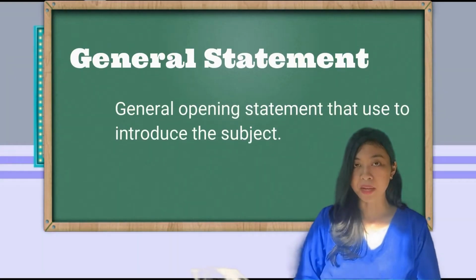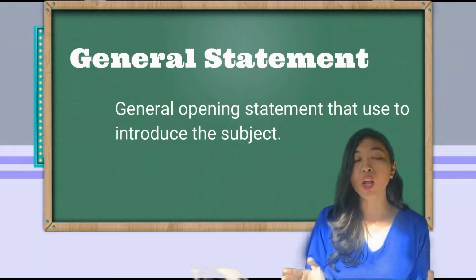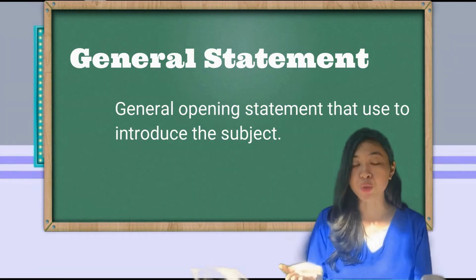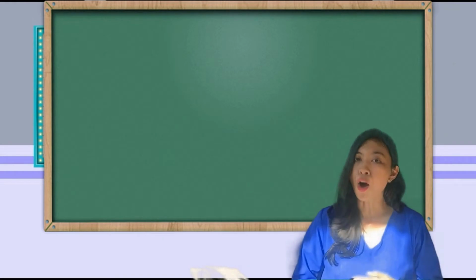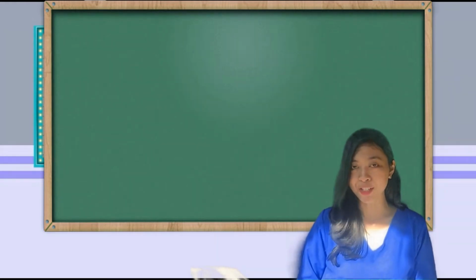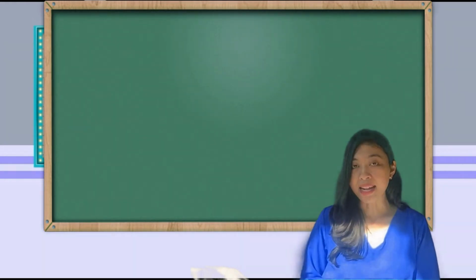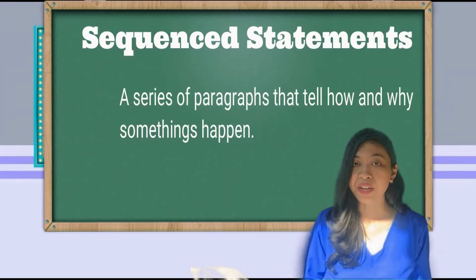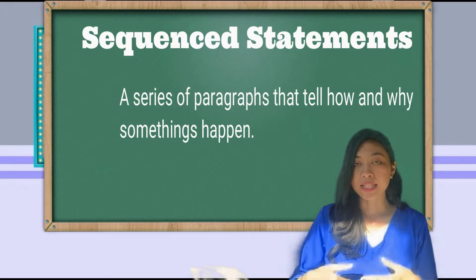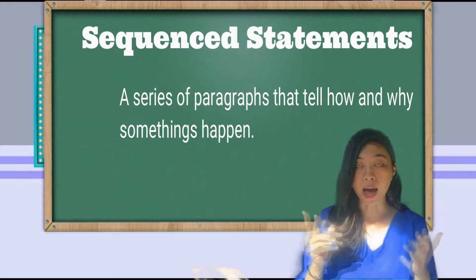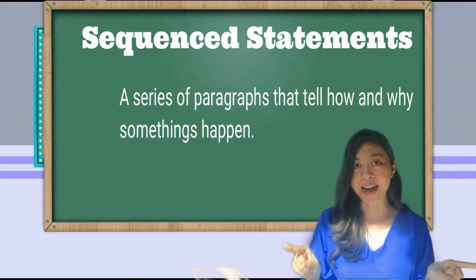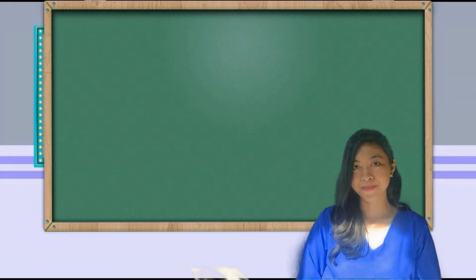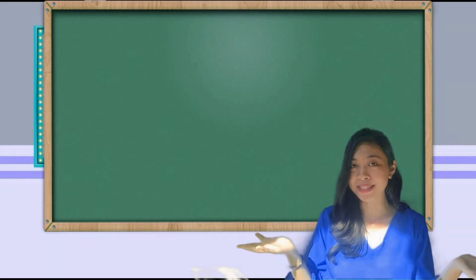General statement is general opening statement that choose to introduce your subject of your explanation text, and sequence statement is a series of paragraphs that tells how and why some things happen. Do you see the difference?